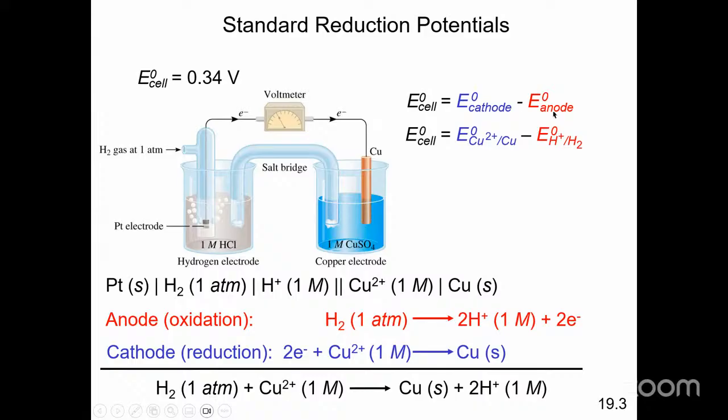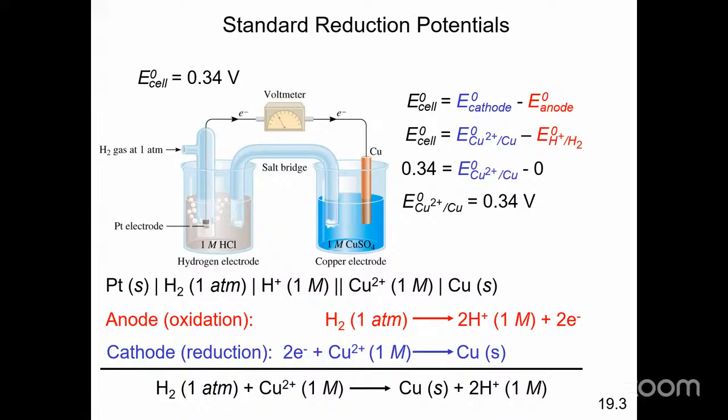And the EMF standard for the anode is the hydrogen electrode, which will be 0, right? So when we put the numbers in, you're going to put 0.34 volts here, you're going to put 0 right here, and you're going to solve for the EMF of the copper half cell, and that is equal to 0.34 volts, all right?